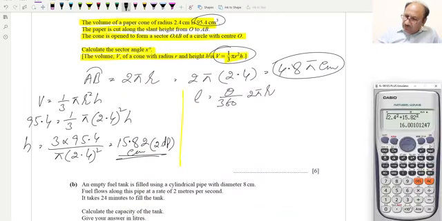If we check with this one, 4.8π, this will be equal to 15.08.